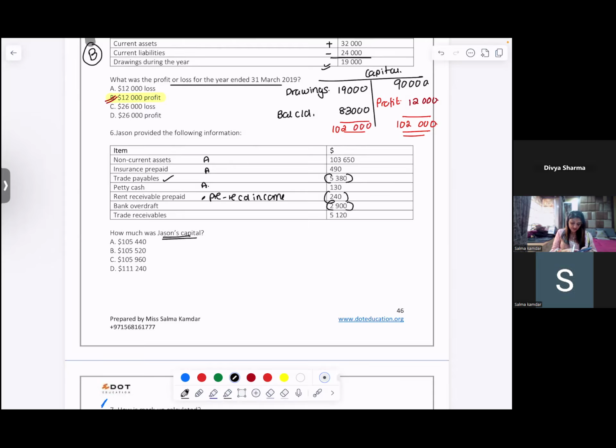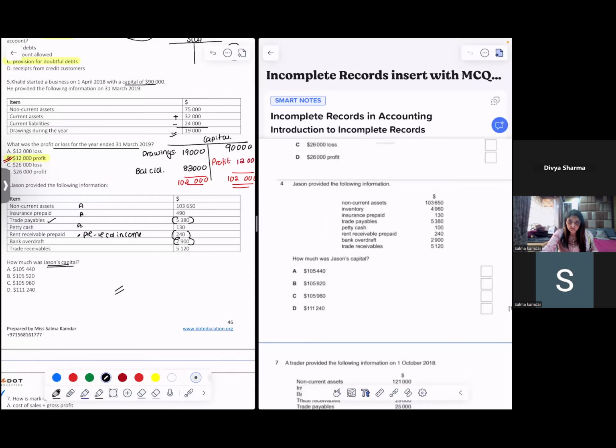103,650 plus 490 minus 5,380 plus 130 minus 240 minus 2,900 plus 5,120. So I'm getting 10870. What are you getting? The amount over here is wrong. No, this is wrong. The insurance prepaid, it's not insurance prepaid.